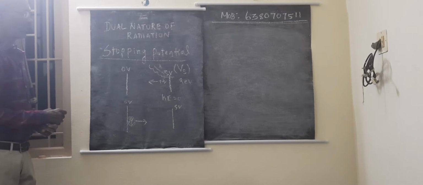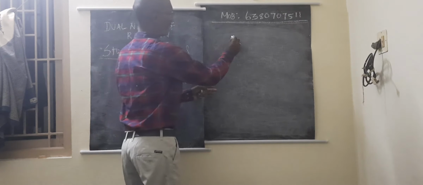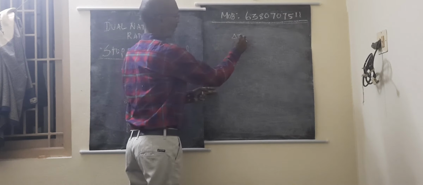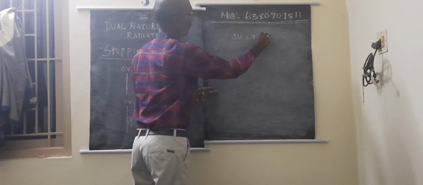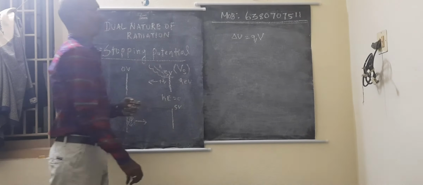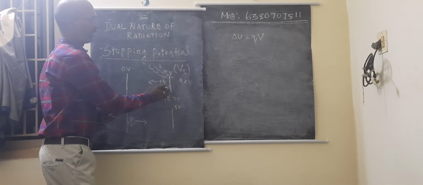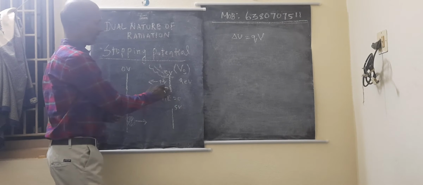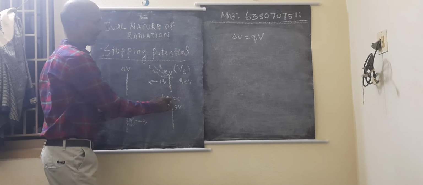For that we will use the conservation of mechanical energy. The potential energy of an electron in a system can be given by the formula Q into V. Initially the kinetic energy is 0, since it's not connected to the battery.